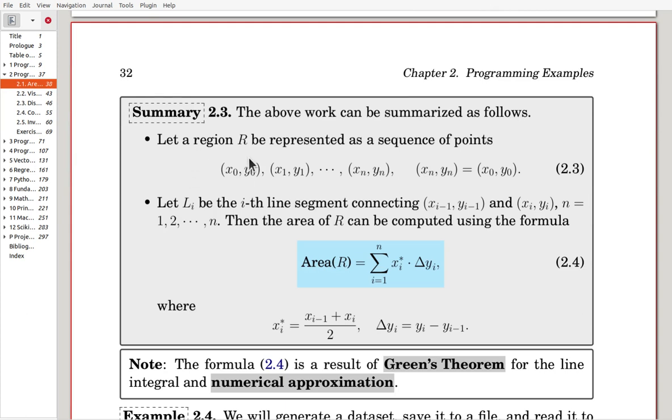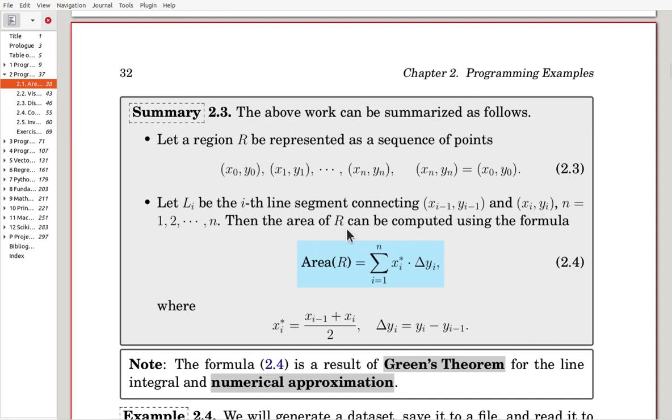Let a region R be represented as a sequence of points, x0, y0 to xn, yn, and the first and last points are the same, so that eventually these points will make a closed curve that is locally line segments. Now Li is the ith line segment connecting xi minus 1, yi minus 1 and xi, yi. So there are n line segments.